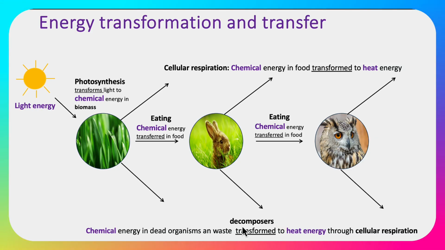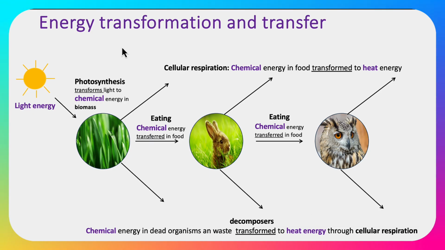And then we have decomposers that break down that chemical energy in the dead organisms and the waste, again to produce heat energy through that process of cellular respiration. So ultimately you see that the energy is lost. Energy is not recycled, energy is lost. We start with energy from the sun, and ultimately it gets lost as heat energy.